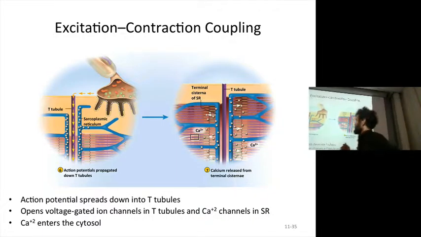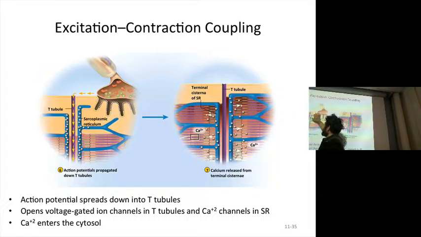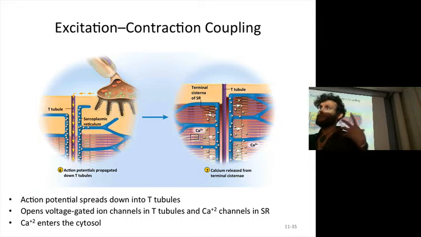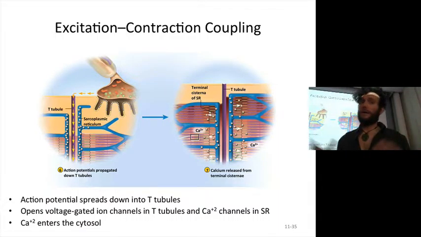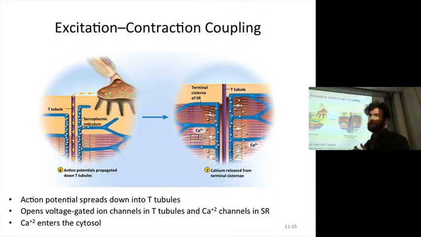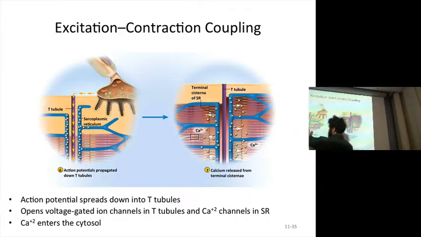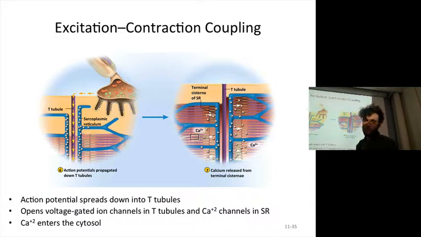So the next step is the excitation contraction coupling. And this is essentially the story of how the action potential that's traveling across the sarcolemma passes down through a T-tubule into the region of one of these triads. And you'll remember a triad is a T-tubule with two adjacent sort of pouches of sarcoplasmic reticulum called terminal cisterna. There's these cisterns at the end of the sarcoplasmic reticulum directly adjacent to a transverse tubule.